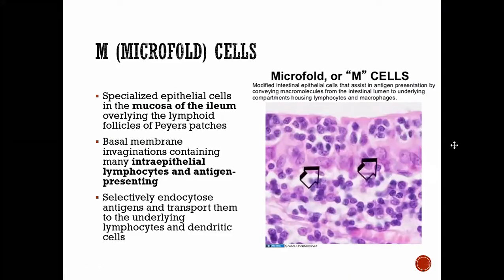The M cells are specialized epithelial cells in the mucosa of the ileum, in the ileum only, overlying the lymphoid follicles of Peyer's patches. So if you see Peyer's patches, on top of it, overlying it would be your M cells.